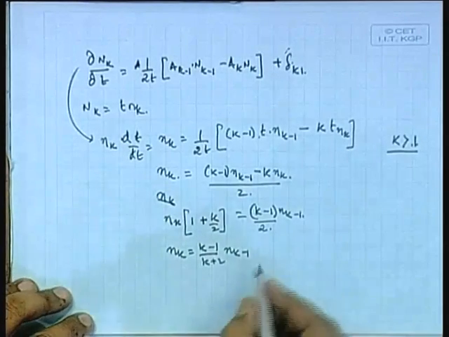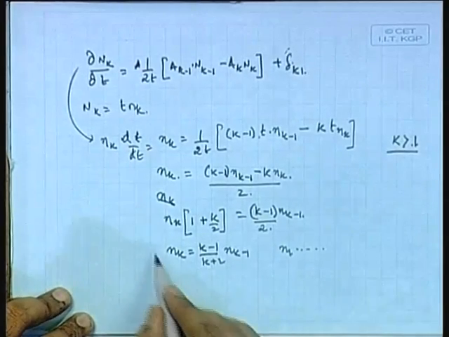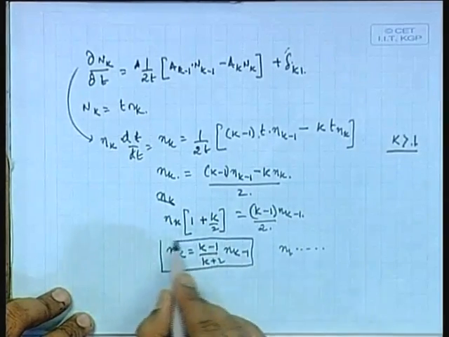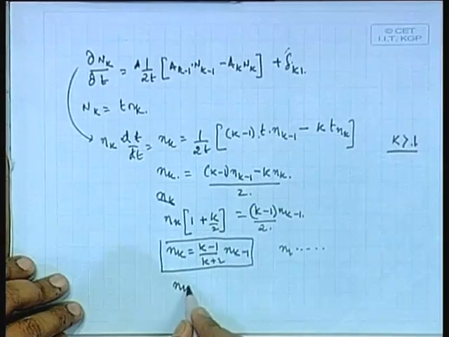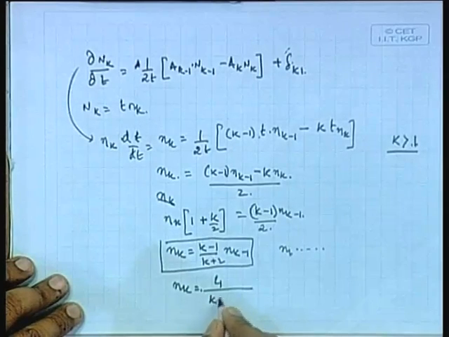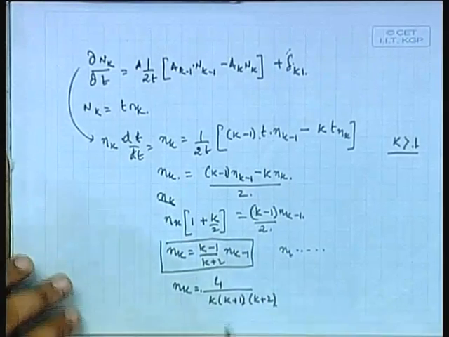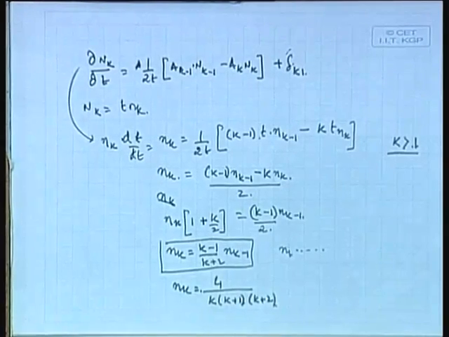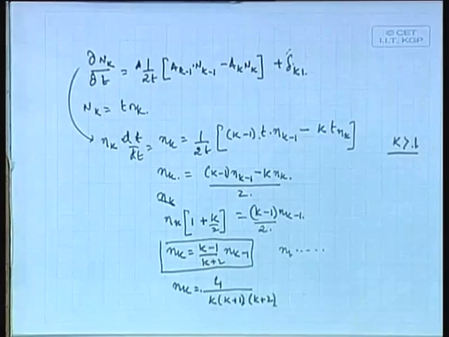And you can also get n1 accordingly, and if you remember this, ultimately if you solve this recursion equation, what will it become? nk equal to 4 by k(k plus 1)(k plus 2), and what is that showing? k to the power minus 3.